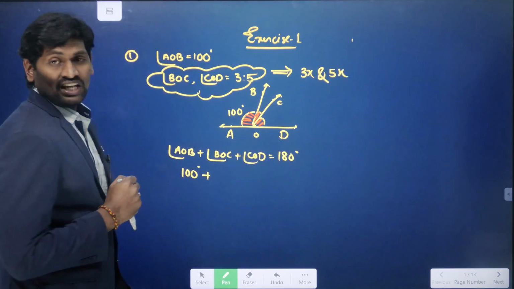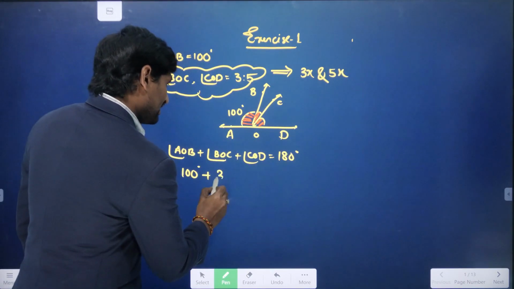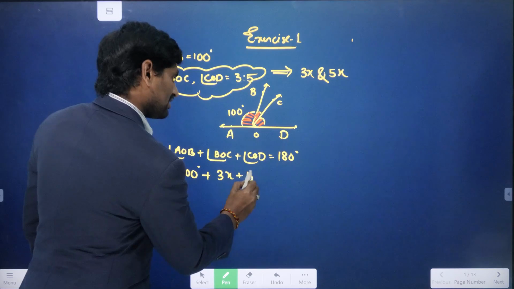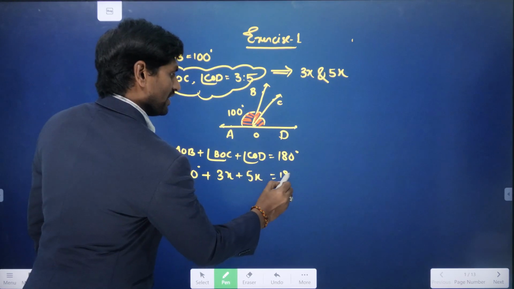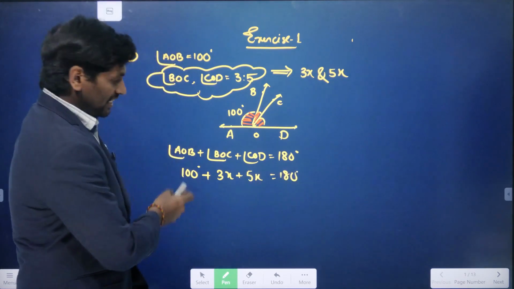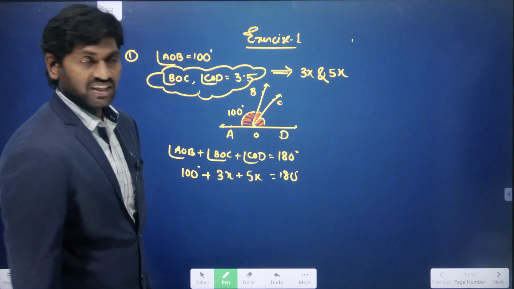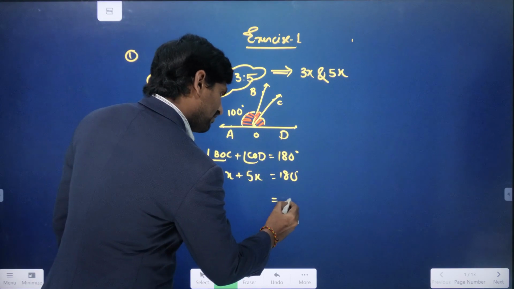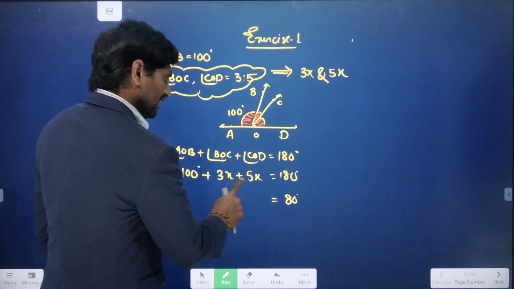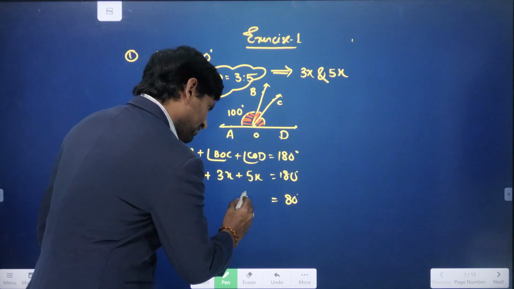That equals 180. Now plus 100 transposes to minus 100, so 180 minus 100 is 80 degrees, and 3x plus 5x is 8x.